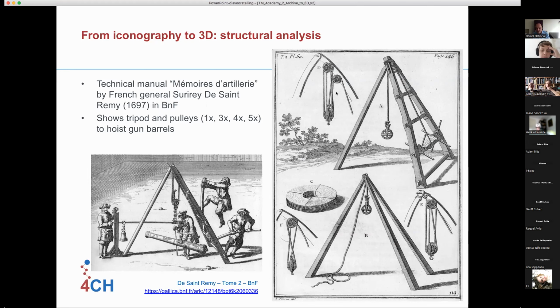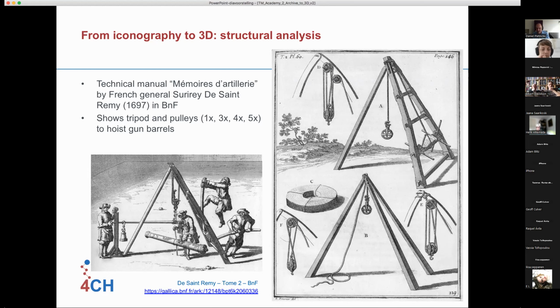And you have what they call pulleys. And you see here there is a pulley with even 5 ropes, here with 3, with 4. That is simply depending on the weight of the gun barrel that you have to lift. So we'll come immediately to that, but you can have it simple like that.